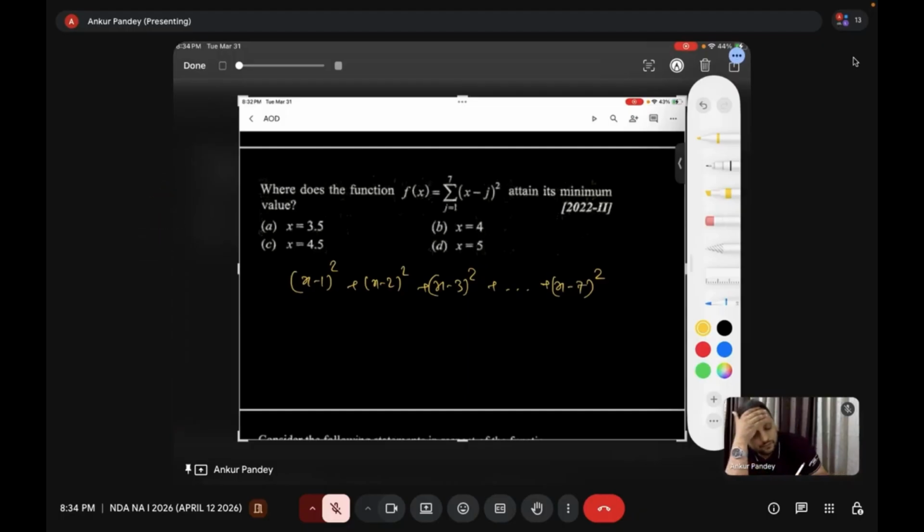Now, x square, x square, x square, 7 times, 7x square, say yes. Second term, b square: 1 square plus 2 square plus 3 square up to 7 square. There is a formula for this, I'll explain, don't worry. And then minus 2ab. So minus first term 2ab, second term 4ab, third term 6ab, and likewise it will go up to minus 14x. Yes or no?